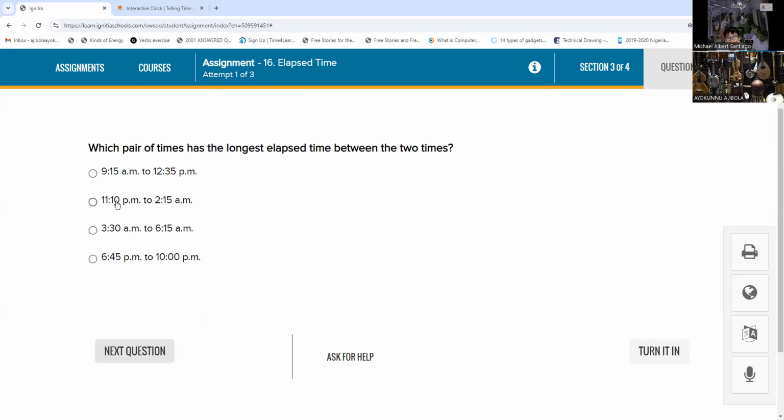This is PM, so 12:10, 1:10, and 2:10. This is 3 hours, 5 minutes. The next one, 4:30, 5:30. That's 2 hours. It's now up to 6:30. Then 6:45 to 10 p.m., 7:45, 8:45, 9:45. Then remain 15 minutes. So 3 hours, 15 minutes. So it's the first one that is the longest because it's 3 hours, 20 minutes. Is that clear? Yes.